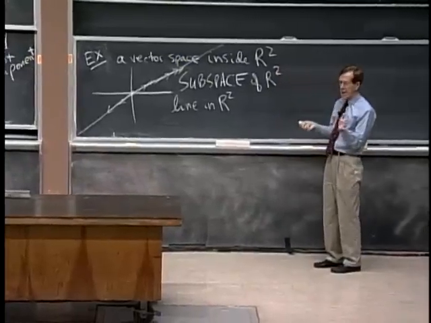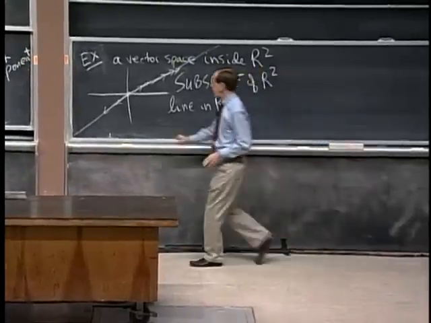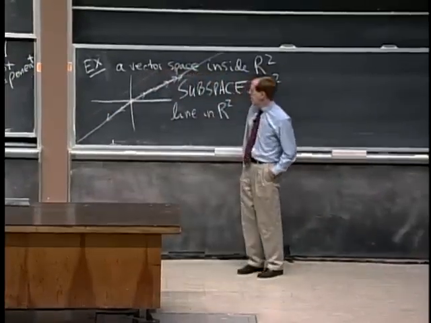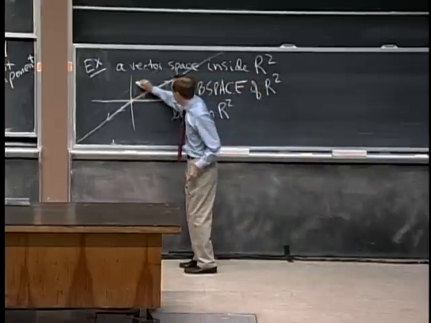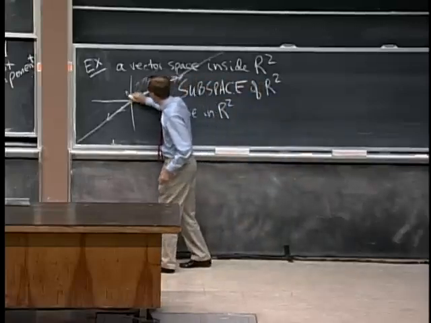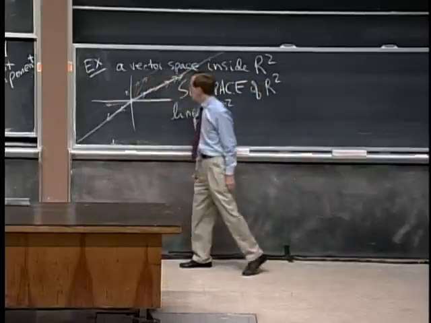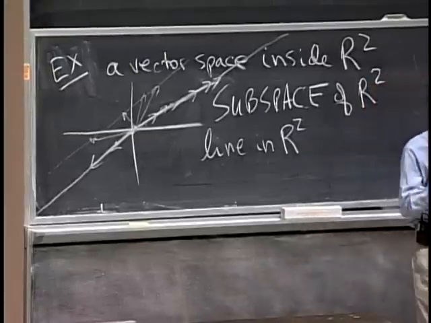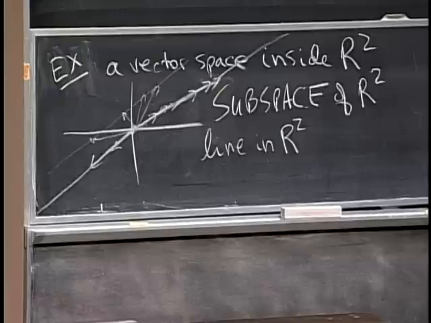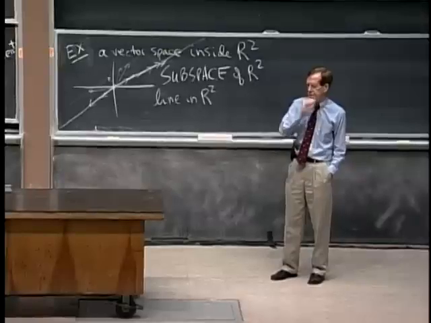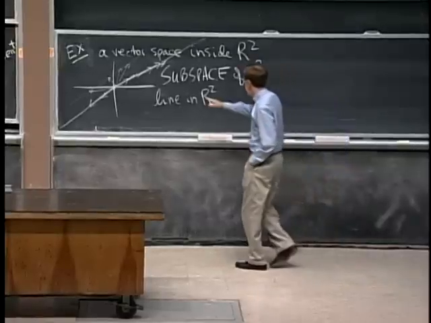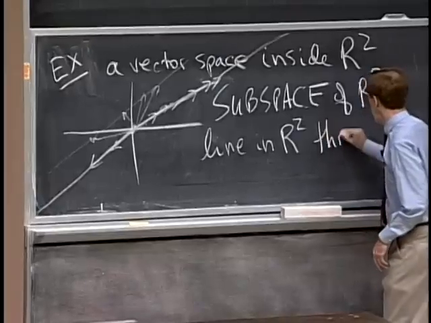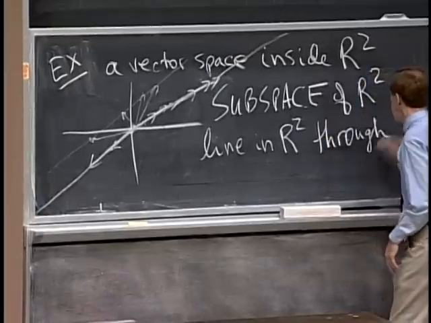Actually, not just any line. If I took this line, so all the vectors on that line, so that vector and that vector and this vector and this vector, so in lighter type, I'm drawing something that doesn't work. It's not a subspace. The line in R2, to be a subspace, must go through the 0 vector.